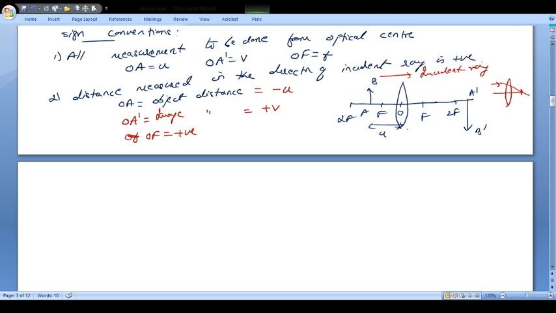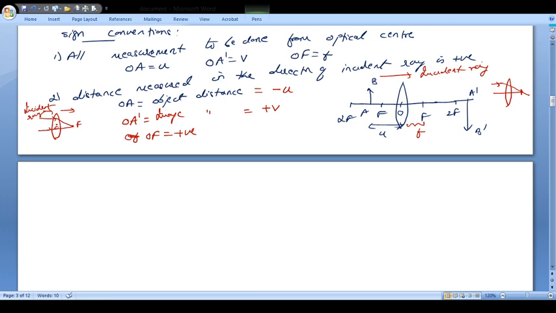How do you find focus? Focus means a ray parallel to the principal axis will come to one point. This is F. So now you will find this O and F are in the direction of the incident ray, and therefore it is positive.